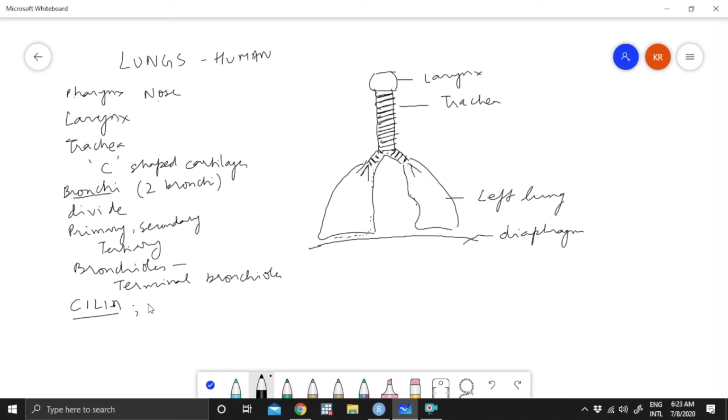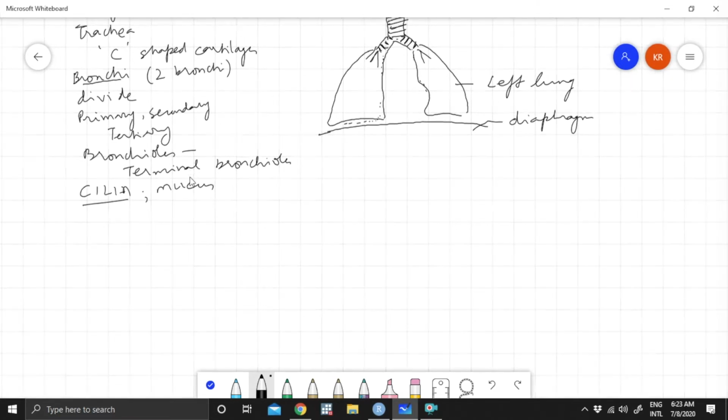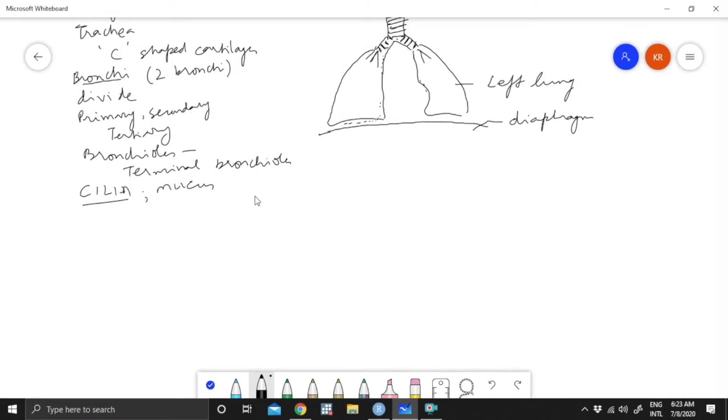Also they keep producing a lot of mucus, and therefore in the entire respiratory tract, whatever particles we may have taken, pollutants we may have taken, all the particulate matter including pollutants, they are all expelled outside, expelled out by cough.